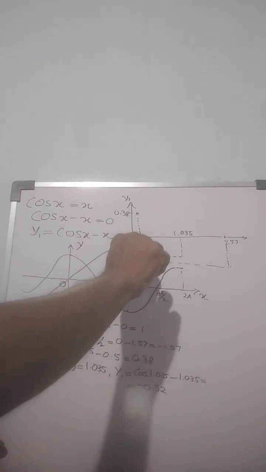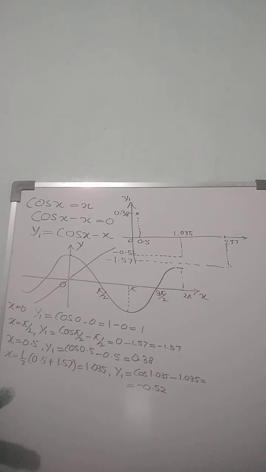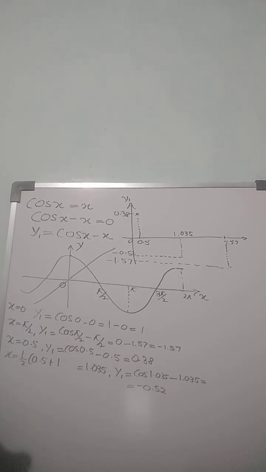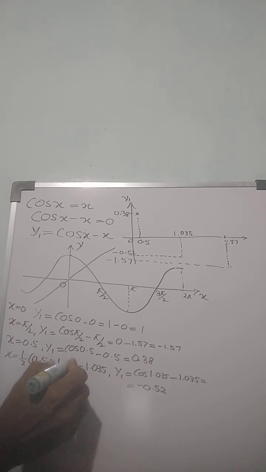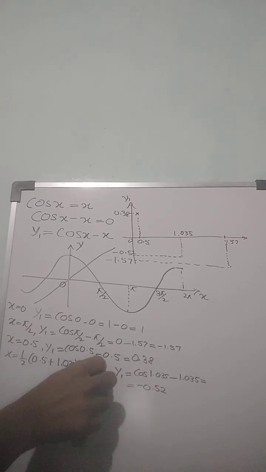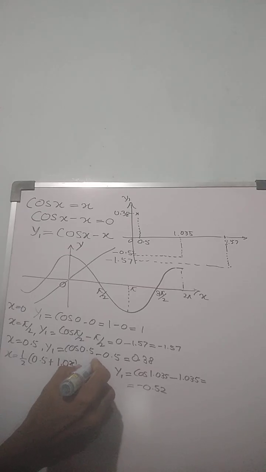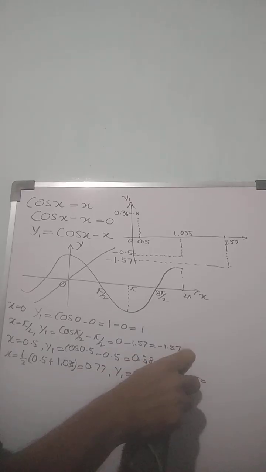We take the mid value in between 0.5 and 1.035, and we get 0.77. Then at 0.77, what is the y1 value?